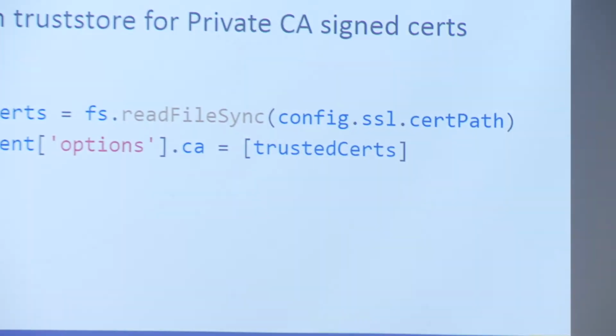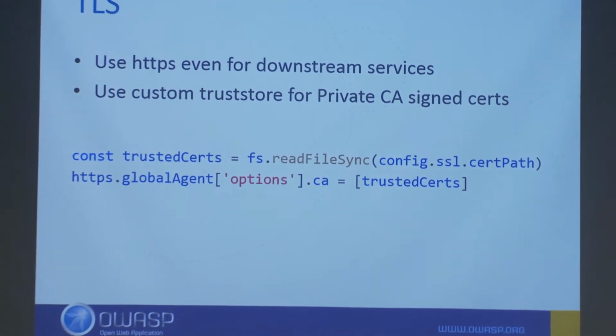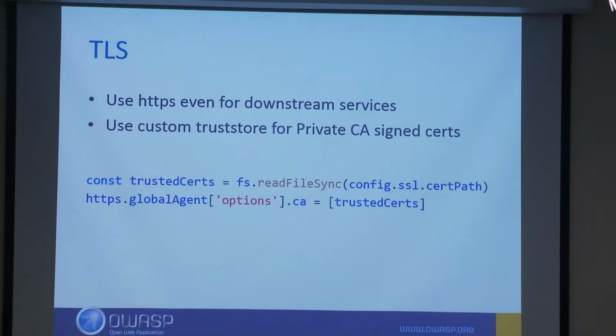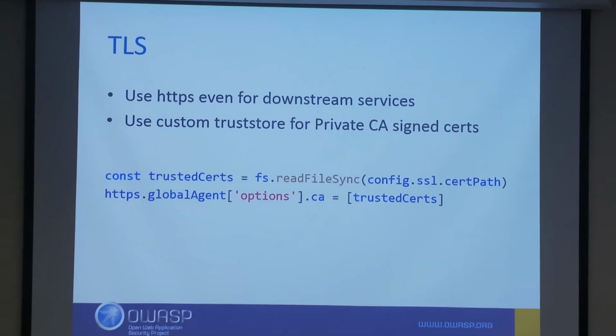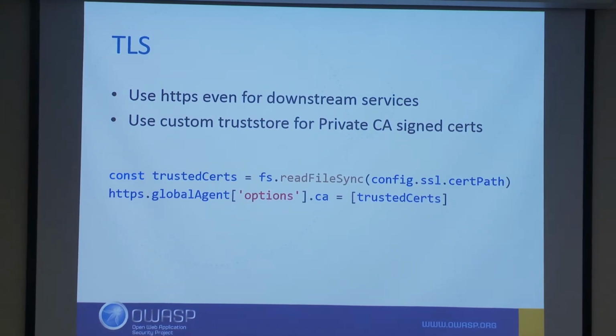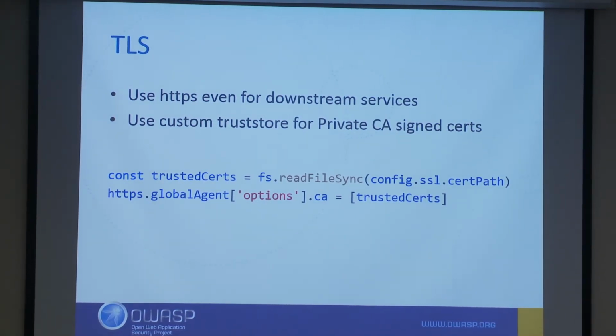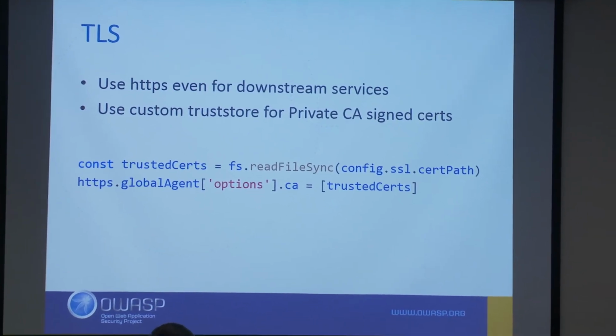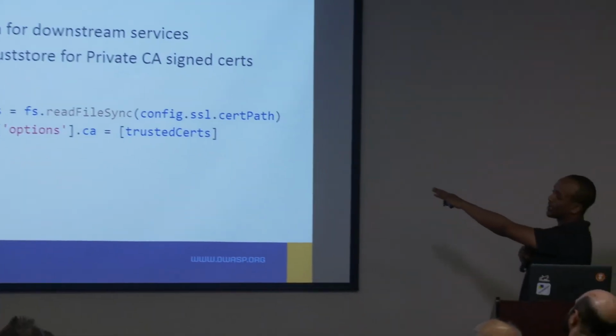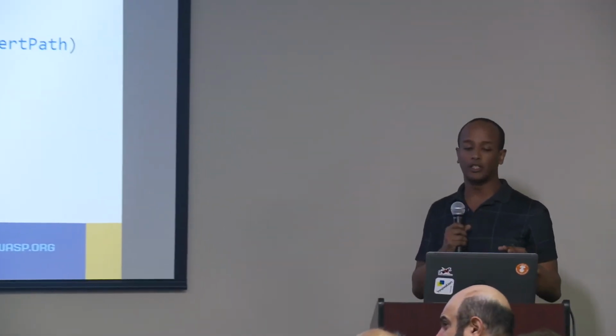So what you can do is, you can use a certificate signed by a private CA, but then use a custom trust store, like so. Here we have a certificate signed by a private CA. We just pass it to the global options CA. You can use TLS even in the intra-servers without having an expensive certificate.